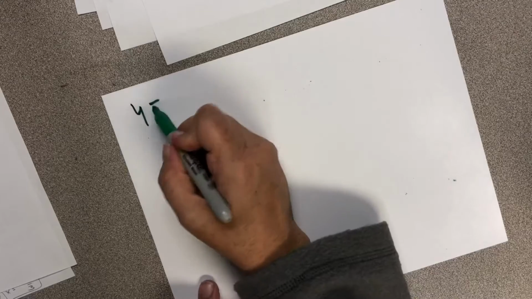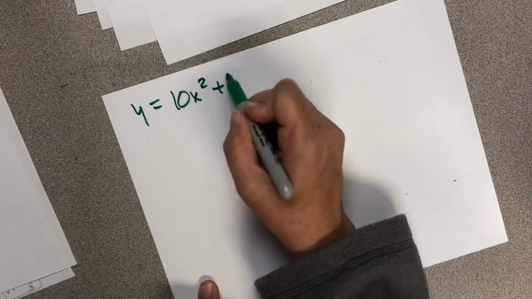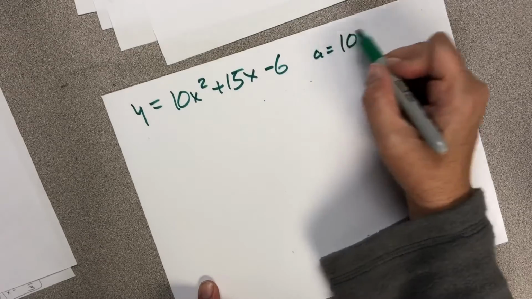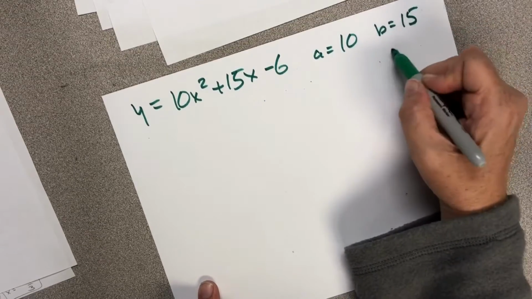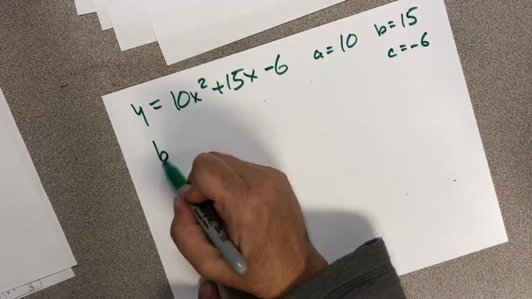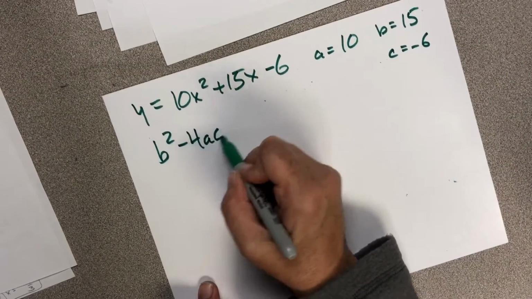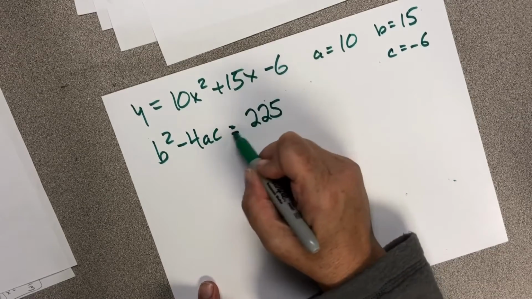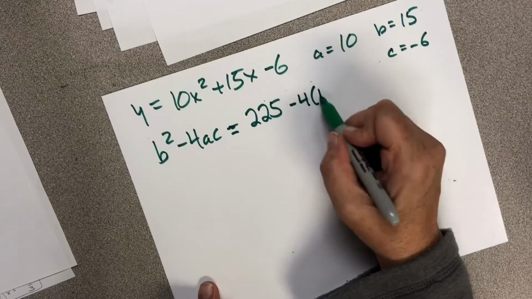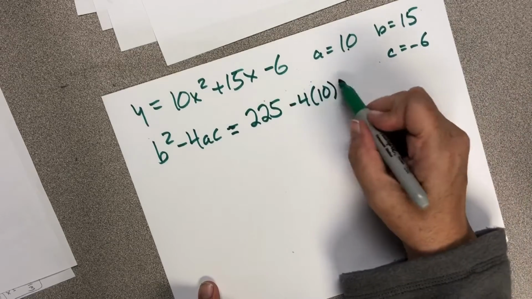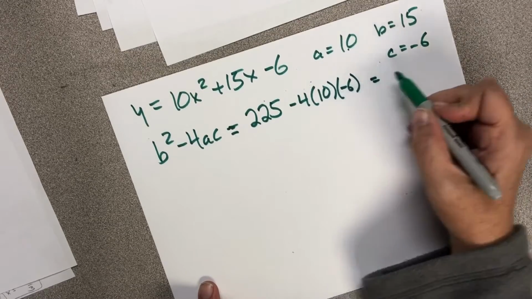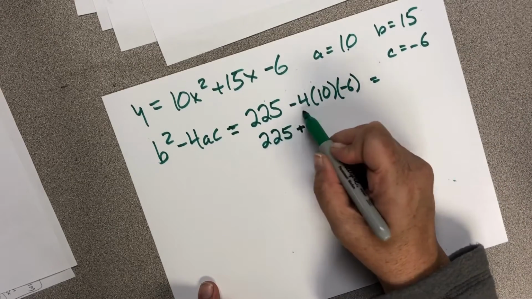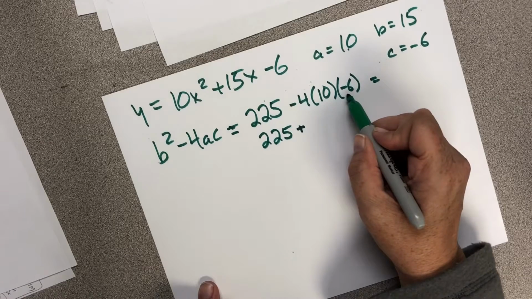Here we have y equals 10x squared plus 15x minus 6. A equals 10, B equals 15, C equals negative 6. Discriminant. B squared, 225, minus 4 times 10 times negative 6. 225 plus negative 40 times 6.